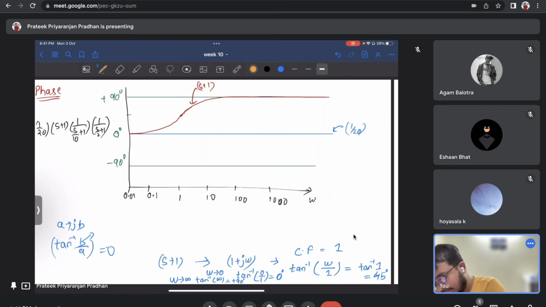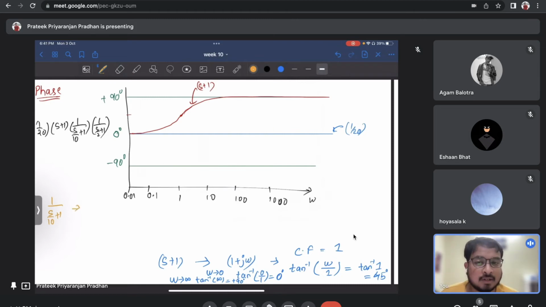Then similarly, erase this part. Similarly, 1 by S by 10 plus 1. For this, what is the corner frequency? The corner frequency is at 10. Okay. So at the corner frequency, I'll just write j omega by 10 plus 1.